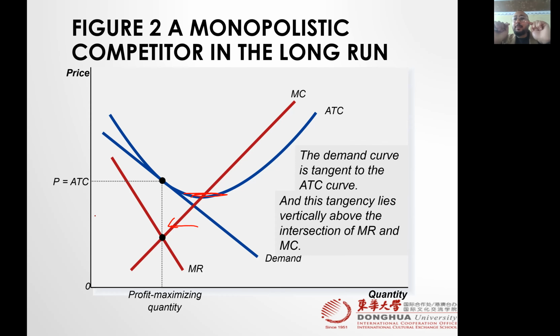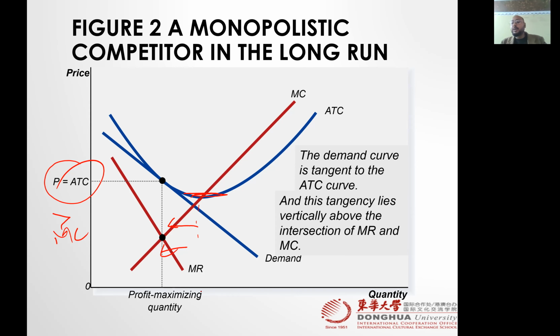So now let's sum up. The monopolistically competitive firm in the long run behaves like perfect competition, but with two significant differences. Number one, price is greater than marginal cost and production is less than efficient scale.